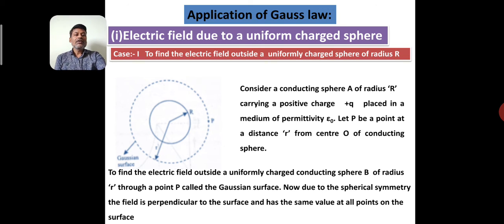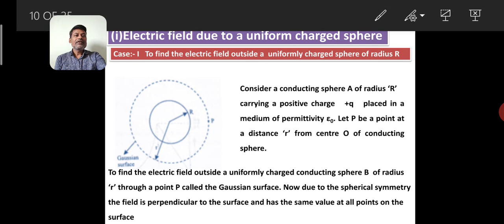Here we consider a uniformly charged conducting sphere of radius capital R, placed in permittivity epsilon 0, that is, in free space.